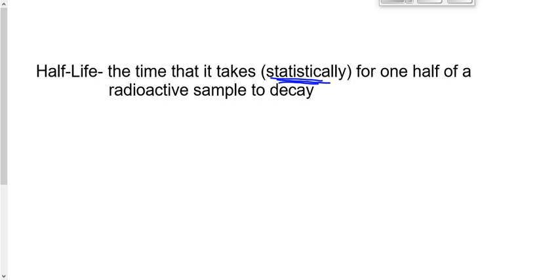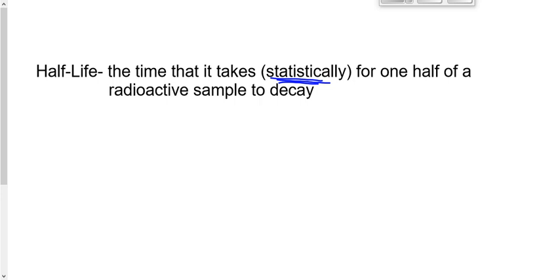Now, one more thing before I move on and show you a couple equations. I'm not simplifying this for you. I'm not saying, oh, these guys are only in grade 12, they don't have the ability to understand what really happens. We're not trying to simplify this. If you take a PhD in physics, you're not going to be able to predict any better than you will be able to predict today how quickly a nuclear reaction is going to take place.